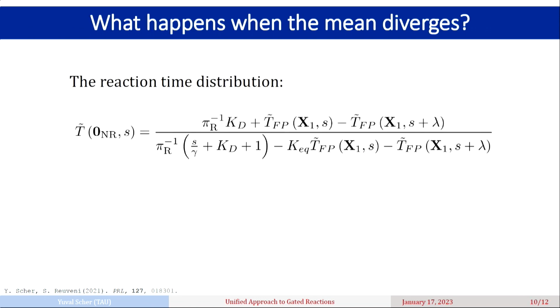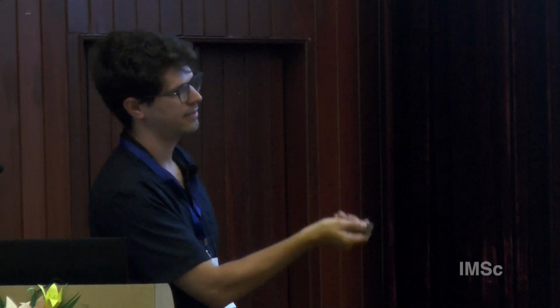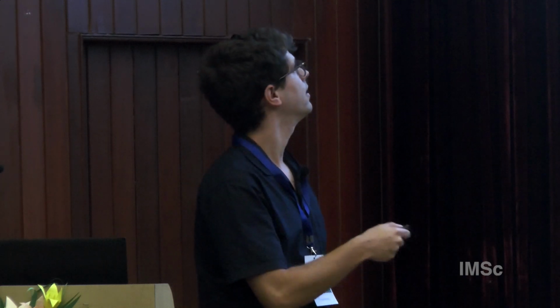Okay, but not always do we have a finite mean, so in these cases we can also take the Laplace transform of the PDF and get a similar, a little bit more complicated, but essentially similar relation, where you see that on the right hand side you only have quantities like the Laplace transform of the regular, ungated first passage problem, and on the left hand side you have the gated PDF.